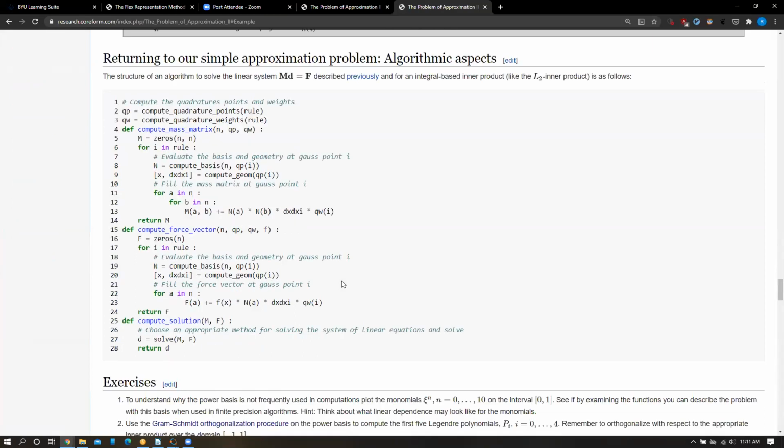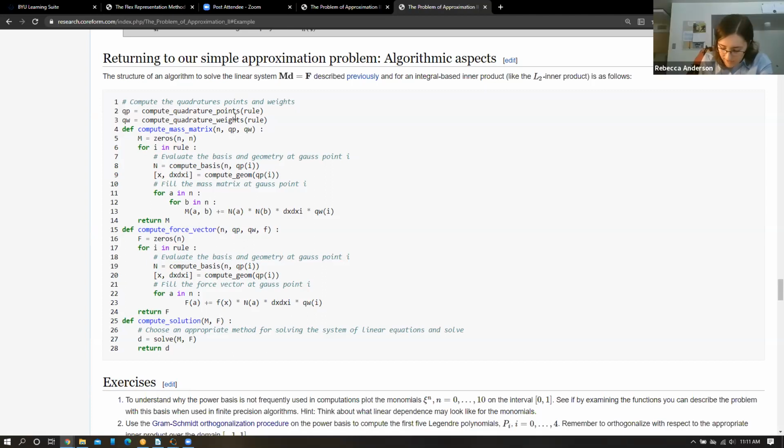So if you start at the top, you're going to compute your quadrature points and weights, right? And those you just hard code in based on the notes. Okay. And then write a little routine, compute mass matrix, that routine has a couple of subroutines, compute basis and compute geom.